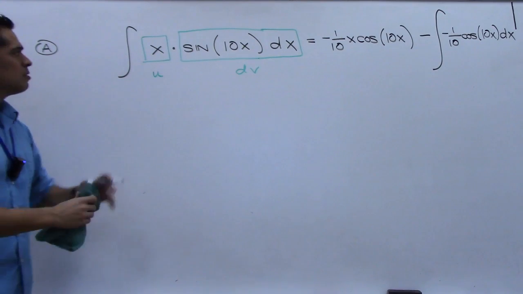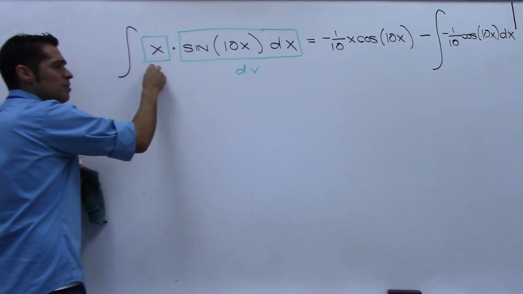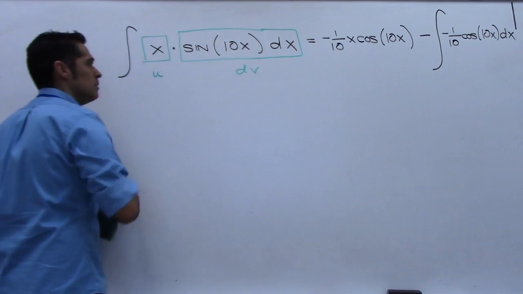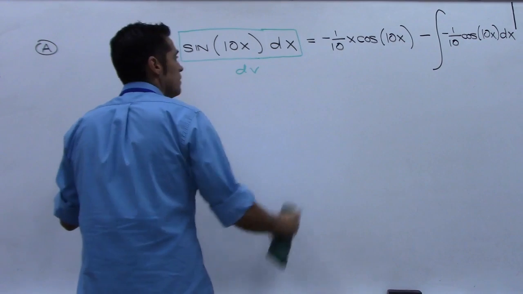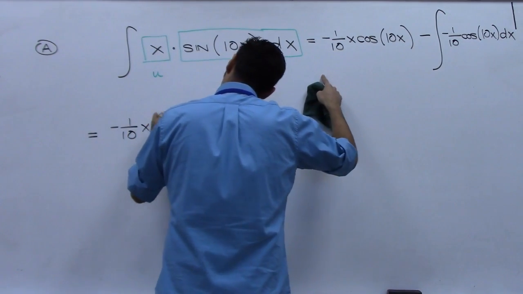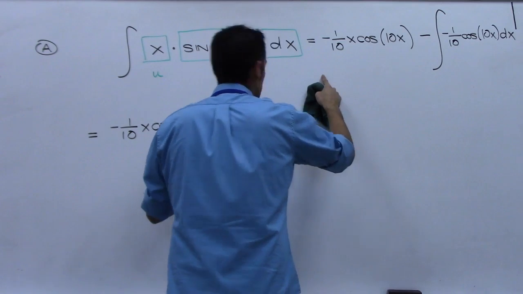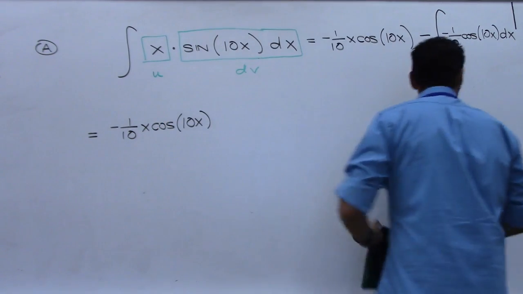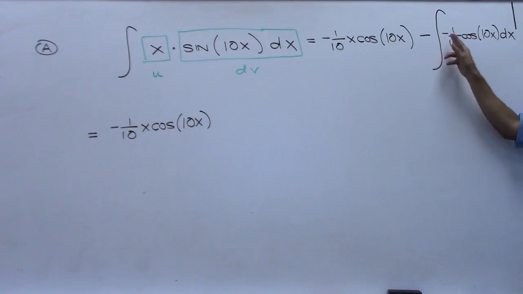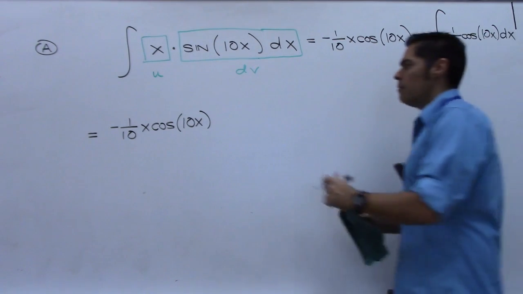We have transferred the derivative to this, removed the derivative from this. So we have negative 1/10 x cosine 10x. That's this. Now, what do you want to do with this minus, negative, minus? Bring it out as what? Positive 1/10?